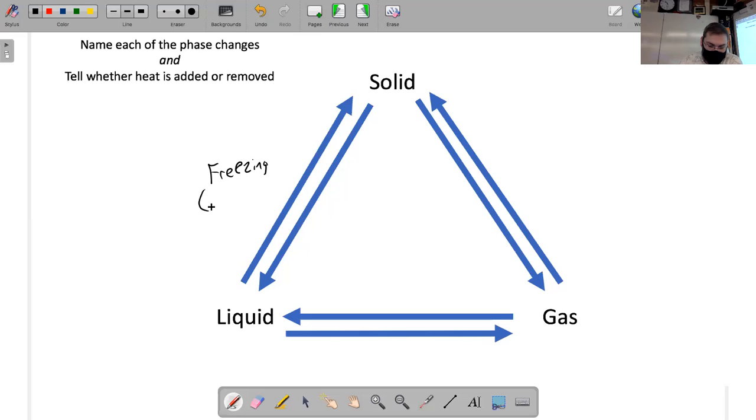Remove heat. Yep. The technical term for that is fusion, but not to be confused with nuclear fusion. What about going from solid to liquid? Yep, melting. You got to add heat.